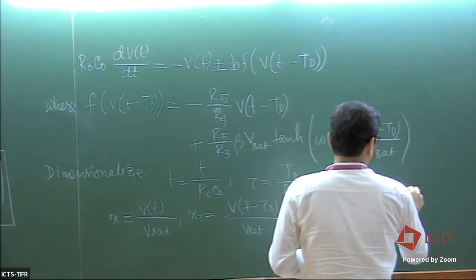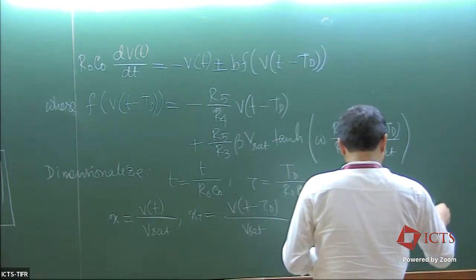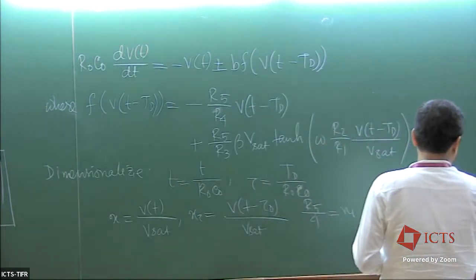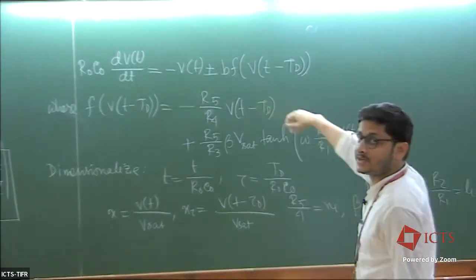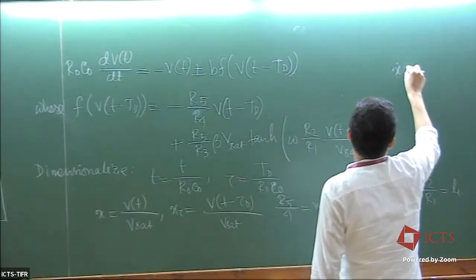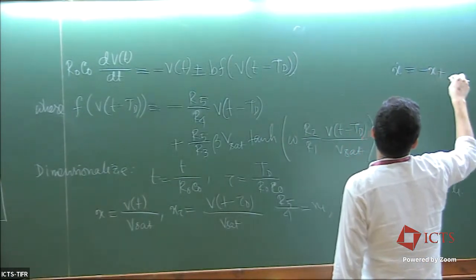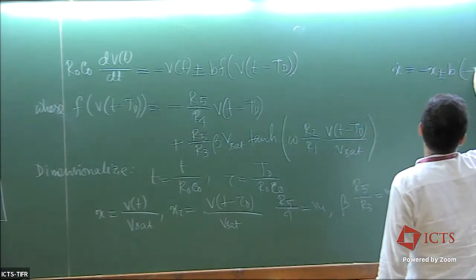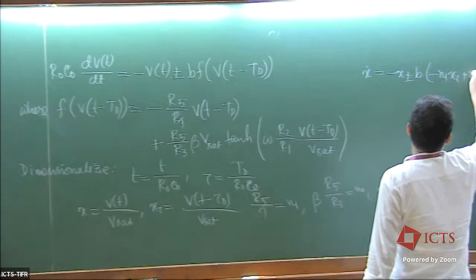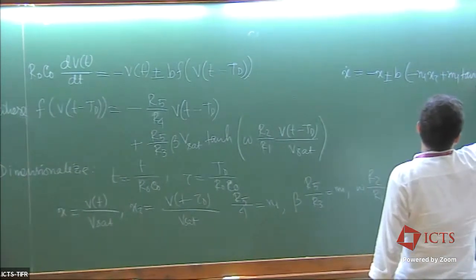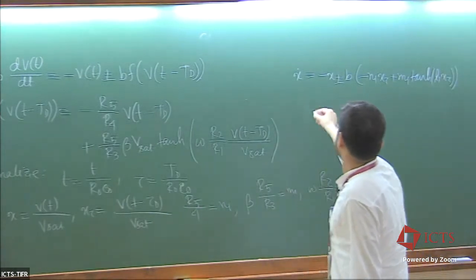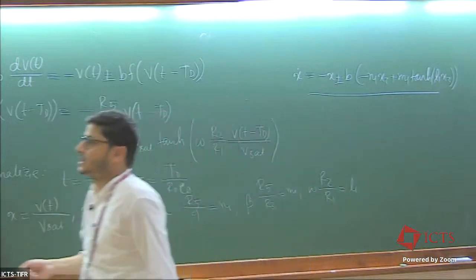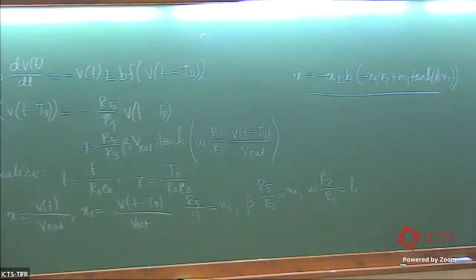Beta R5 by R3 is equal to M1. And omega R2 by R1 is equal to L1. Then substituting these in this equation, you can get x dot is equal to minus x plus or minus b, minus N1 x tau plus M1 tan hyperbolic L1 x tau. So this is our equation from the electronic circuit, and you can mimic all the scenarios you obtain numerically or analytically.